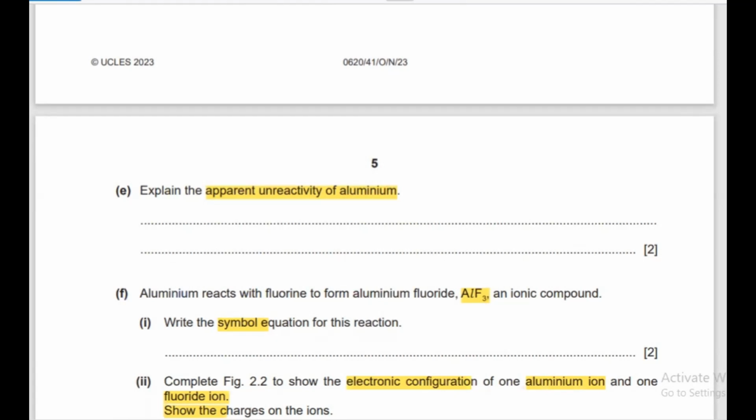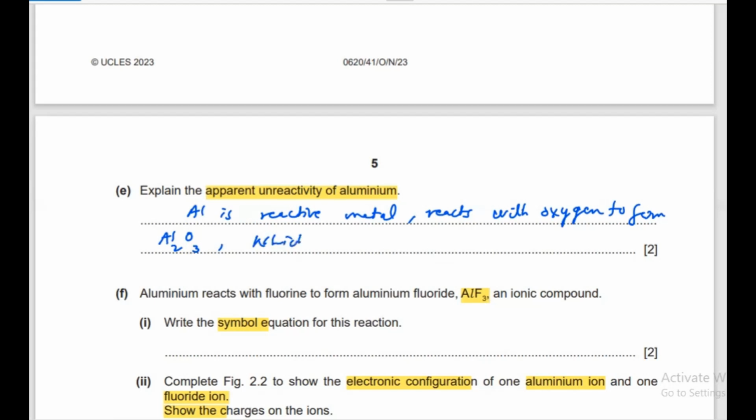So aluminium is a reactive metal and it reacts with oxygen to form aluminium oxide, an oxide coating, and that oxide coating makes it unreactive.